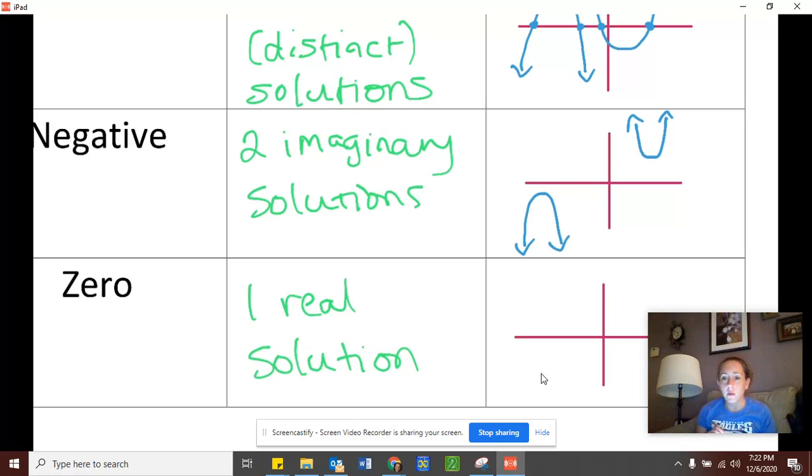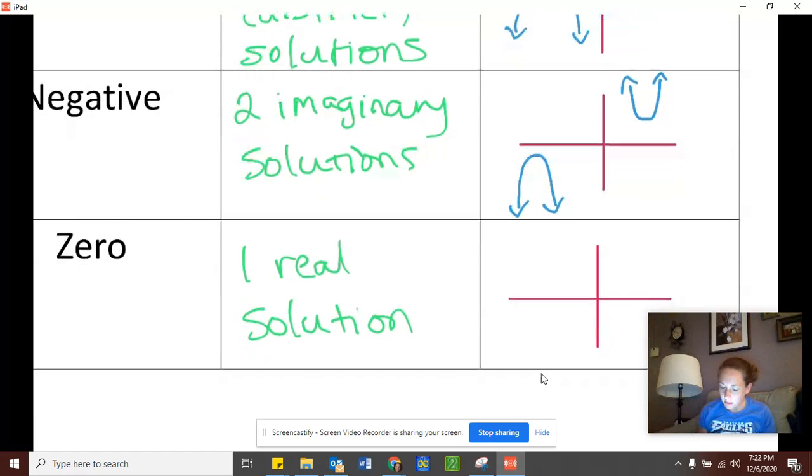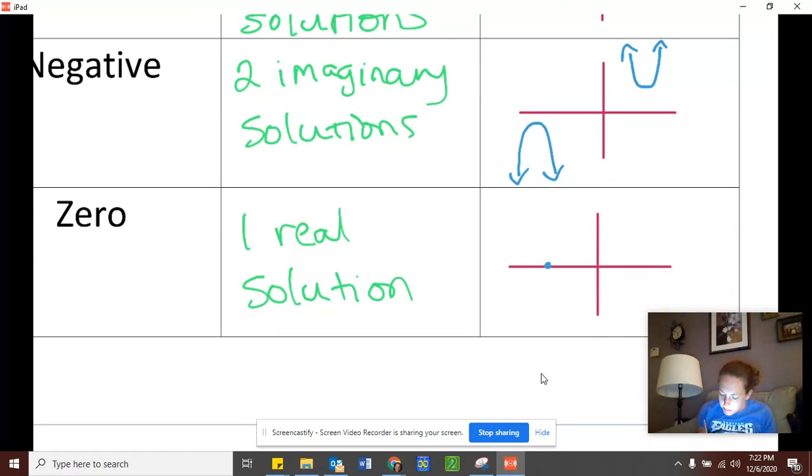If you have 0, that means that the vertex is actually on the x-axis. So it could be going up, could be going down. Either way, doesn't really matter. That is the only possible way to have a quadratic with one x-intercept, is if the vertex is your x-intercept.